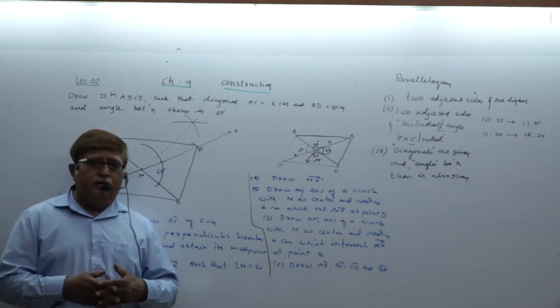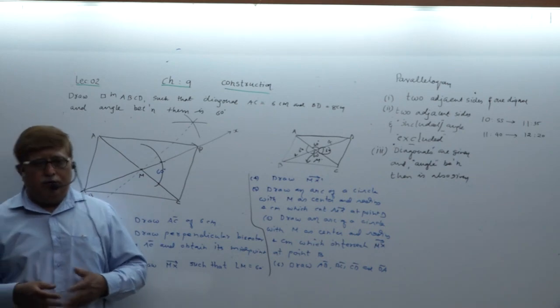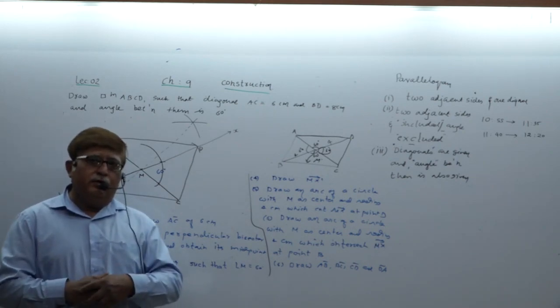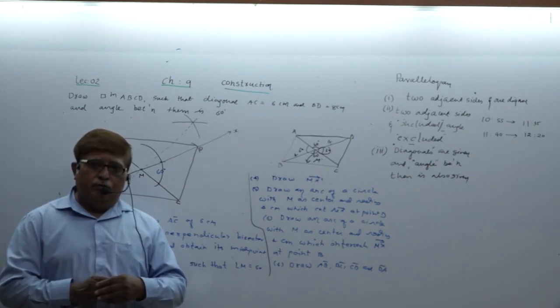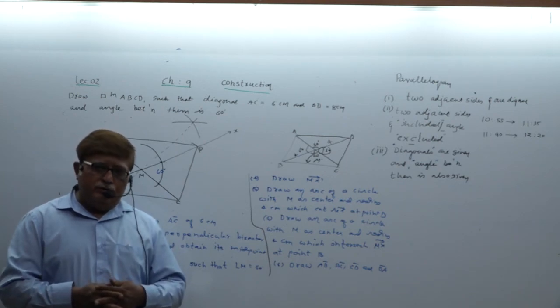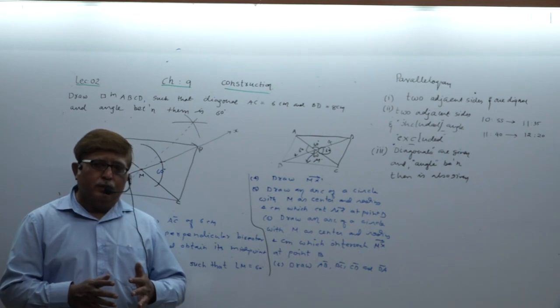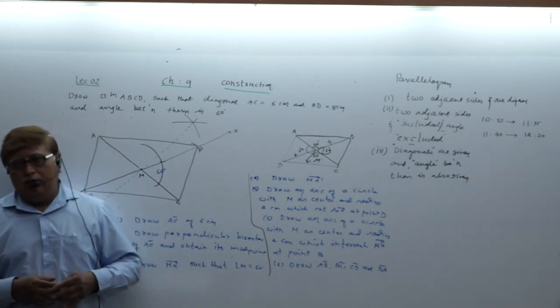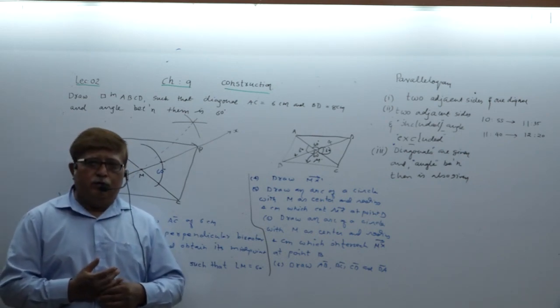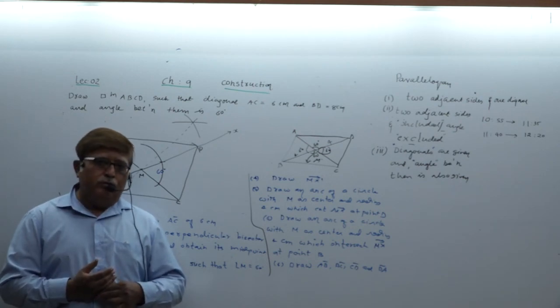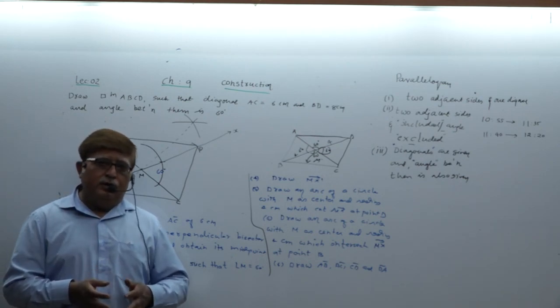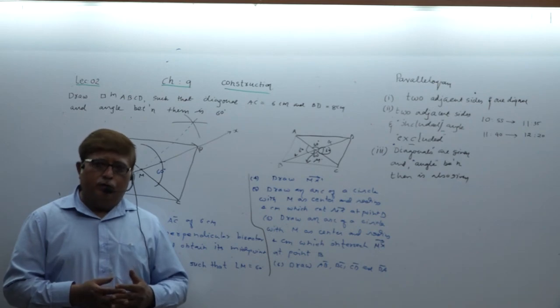In the next lecture we are going to construct other quadrilaterals like rectangle, square, trapezium, rhombus, etc. Whenever you are targeting any specific type of construction, you have to be very sure regarding their specific properties.